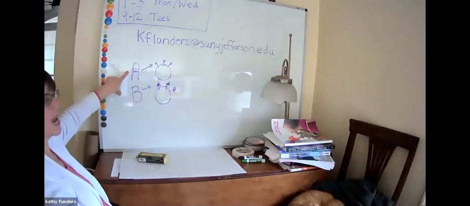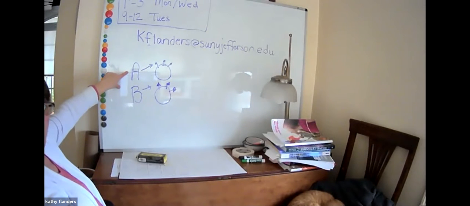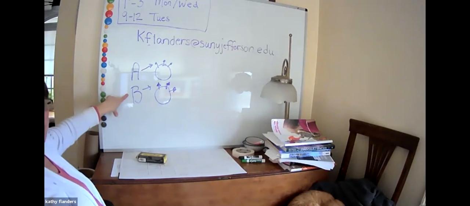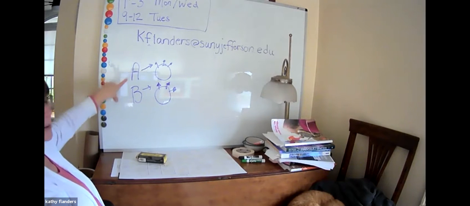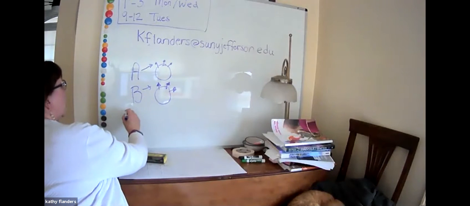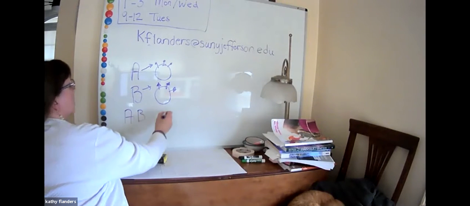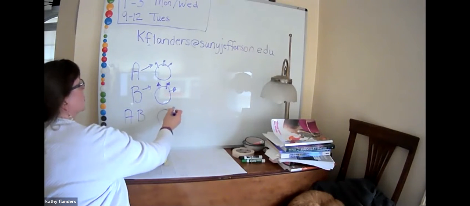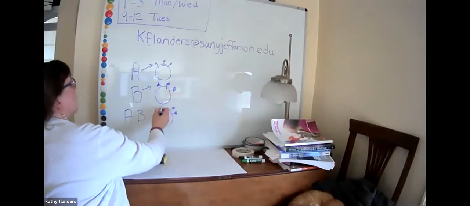But if I were to inherit on one of my alleles an A and on the other allele a B, both of those genes are made, right? Both of those genes are going to be transcribed. I'm going to have the enzyme for A, and I'm going to have the enzyme for B. That means that if I get an A and a B, I'm going to have both of these on the surface because I've got the enzymes to make both of them.